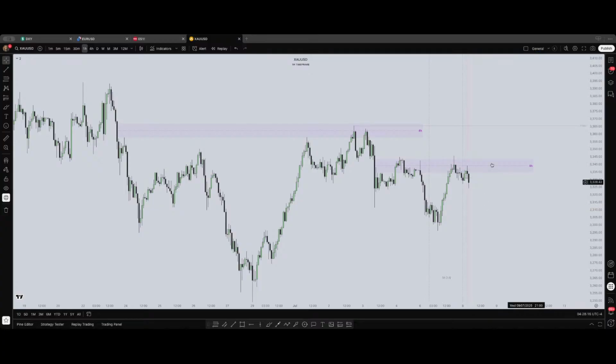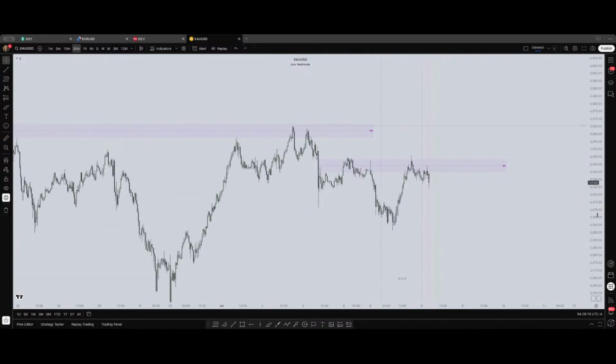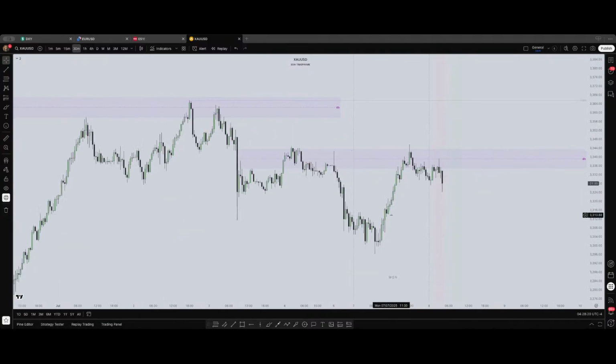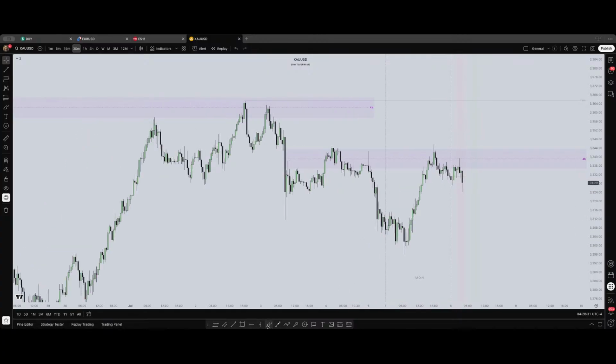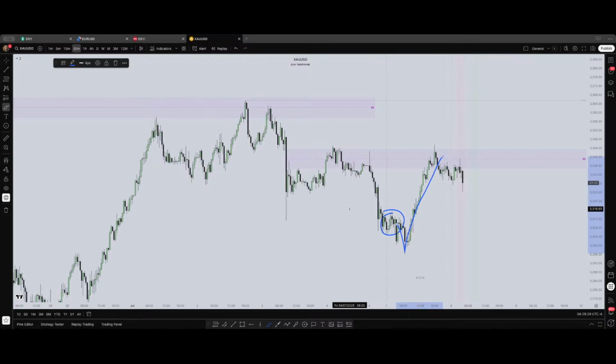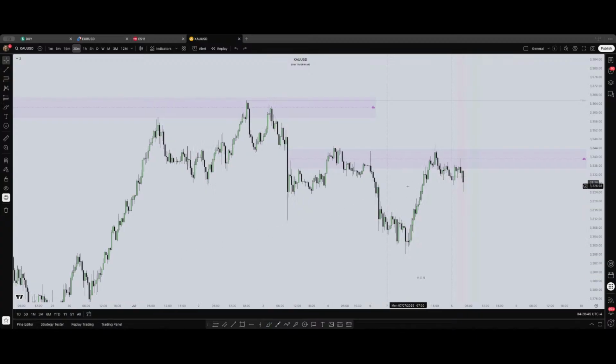but so far, if you are aware of the power of 3 concept, you can see here a power of 3 concept. Yesterday was accumulation, manipulation, distribution. So that's the power of 3.